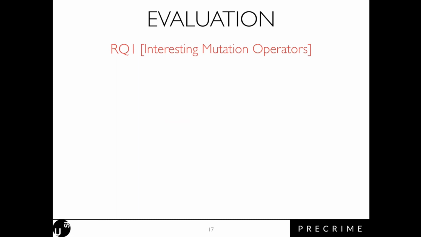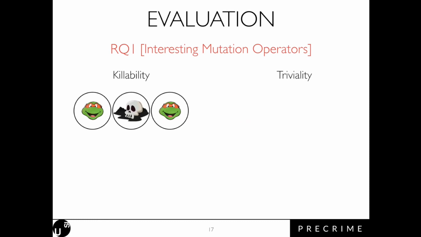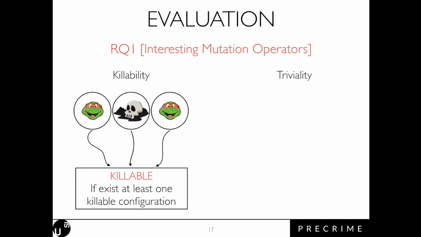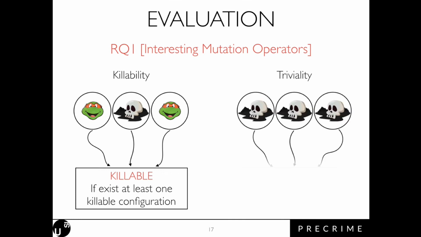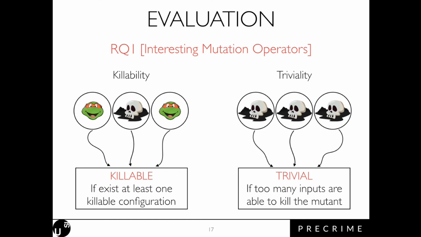To judge this, we evaluated our operators from two sides. First, we check the killability. By killability, we mean that if there exists at least one killable configuration of this mutation operator, we can say that this mutation operator is killable. Then we also checked the other extreme, triviality. If too many inputs are able to kill the mutant, it's trivial and not interesting. So anything in between would be of interest and of use for us.